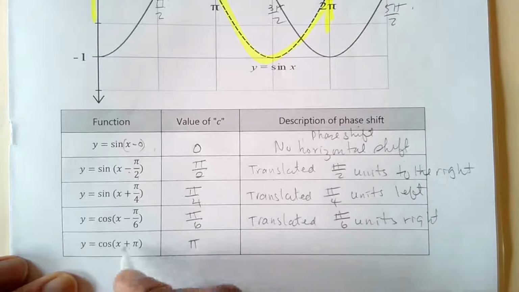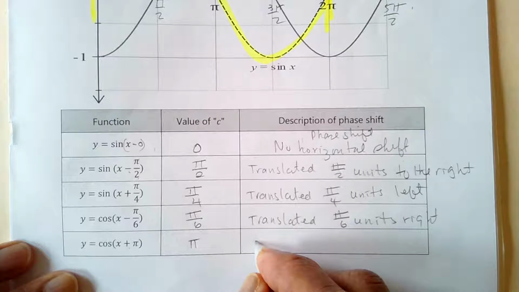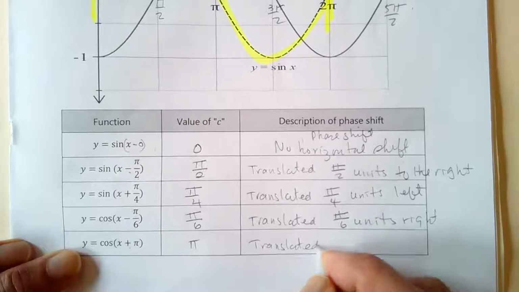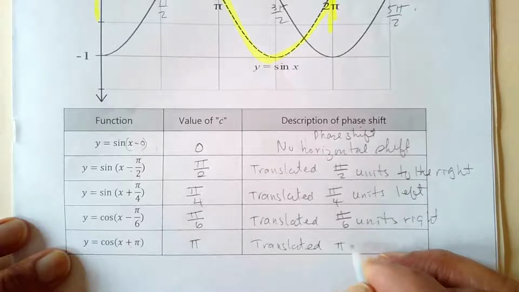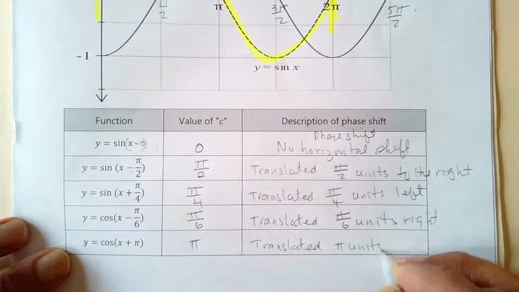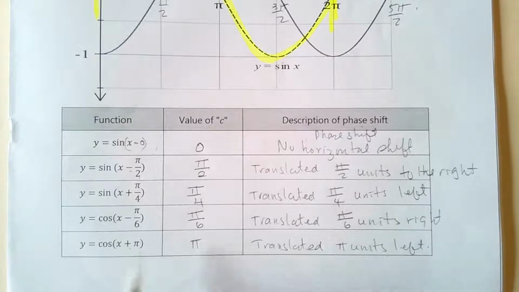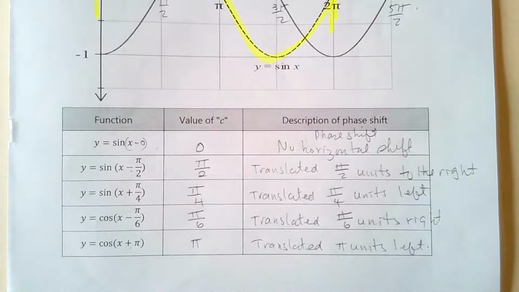In other words, this cos graph is translated pi units left. So as long as it's positive, it will go to the left. If it's negative, it is translated to the right.